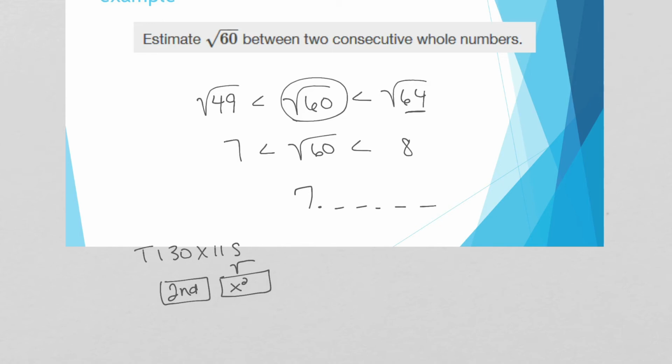So second, x squared, and then I would hit 60 and then enter. And it tells me that it is 7.745966692. Okay? And so I was right. It is 7 point something, all right? Okay, so that's how you estimate.